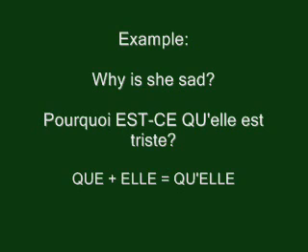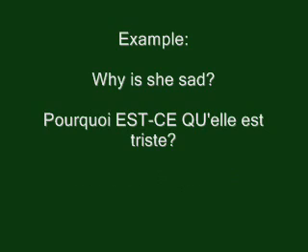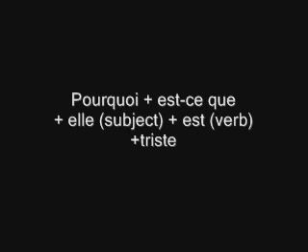The que in est-ce que is followed by another vowel. In this case, the e of que will disappear, and you will add an apostrophe to make the liaison between que and elle, which becomes qu'elle. I explain all this in detail in my lessons online, in my virtual class. So we have pourquoi plus est-ce que plus the subject elle and the verb est and the rest of the sentence, triste, which is the adjective.